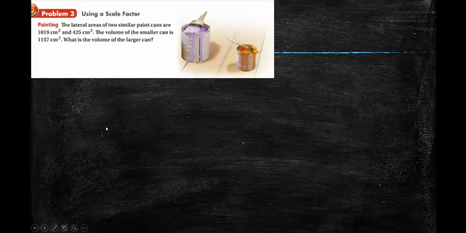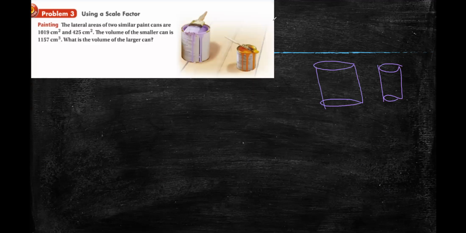Here now, they give me the lateral area of two similar paint cans. They give me the volume of the small can, and they ask me about the volume of the larger can. So here I have two cans, the first one and the second one.